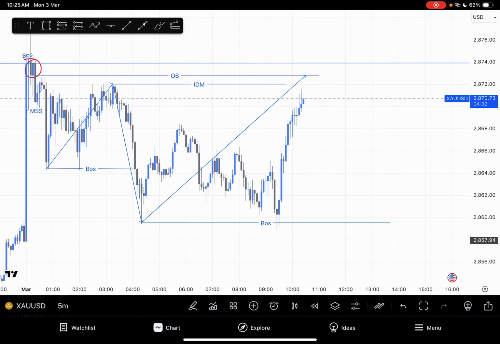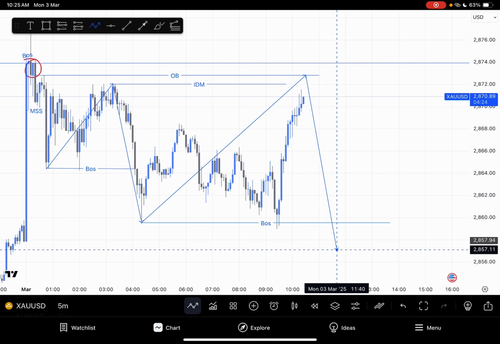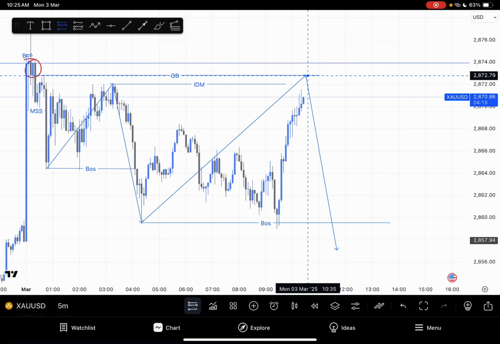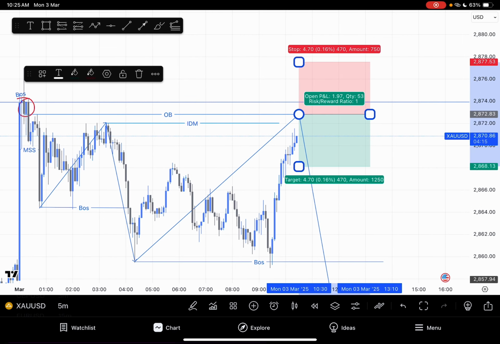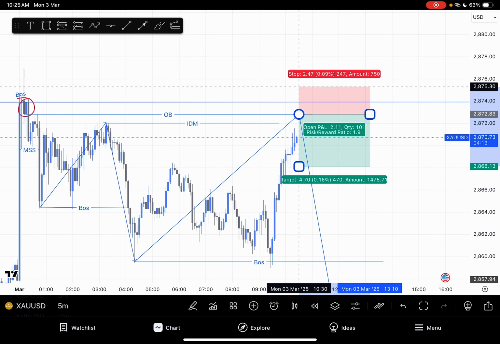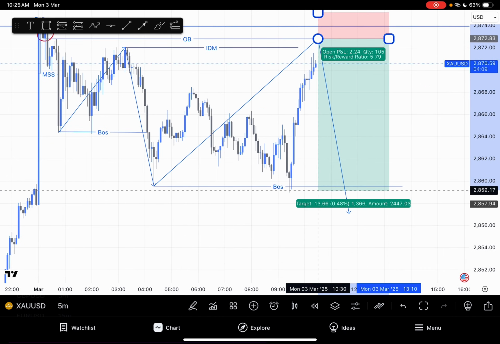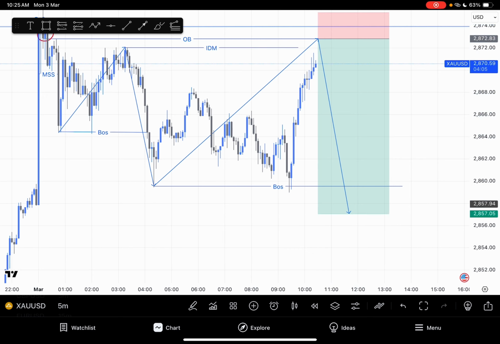there's a high chance for it to play out. So from this, if we are to take entries from here, you expect price to come down to take out the previous low, creating another break of structure. So for this kind of entries, you have to put your entry at the beginning of the order block, your stop loss just a few pips above, then your take profit, you should be aiming for this previous low, and you can extend it a little lower.